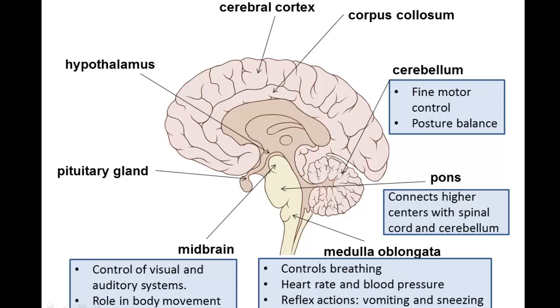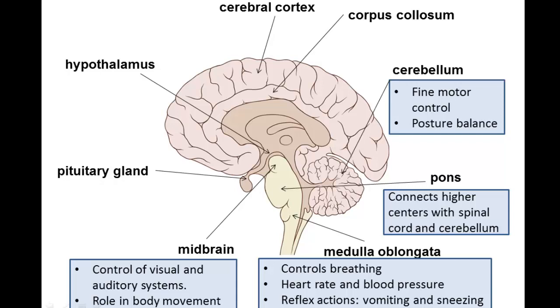The substantia nigra is that portion of the brain that is destroyed in individuals that have Parkinson's. Individuals that have Parkinson's tend to have some tremors. Their hands shake, their head shakes. So the midbrain has regions in it that also contribute to body movement.